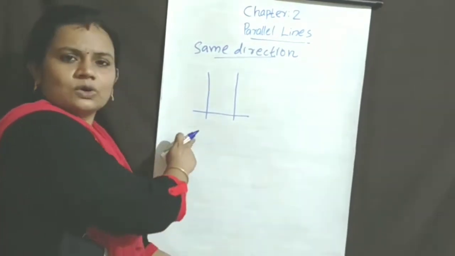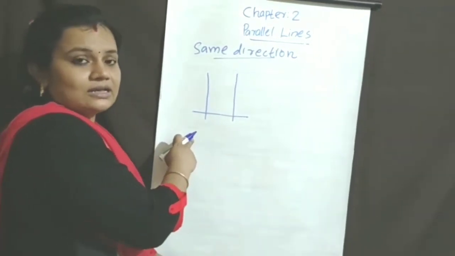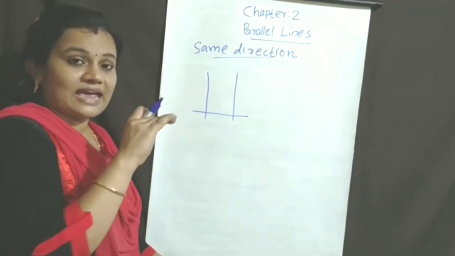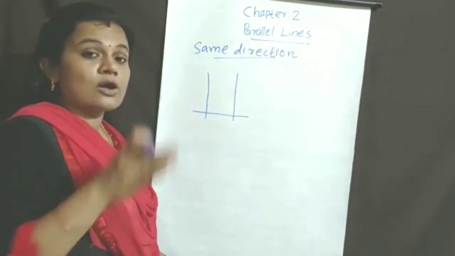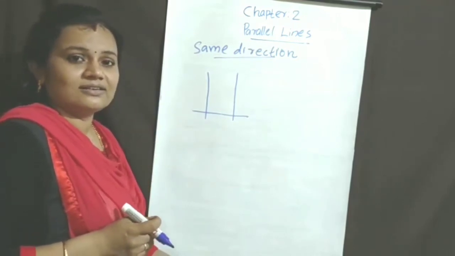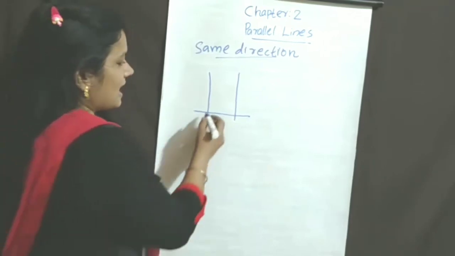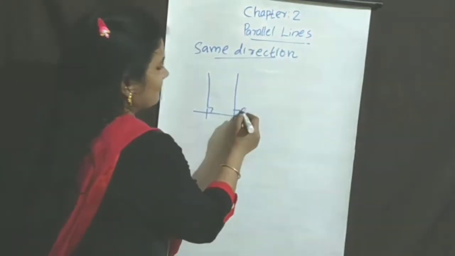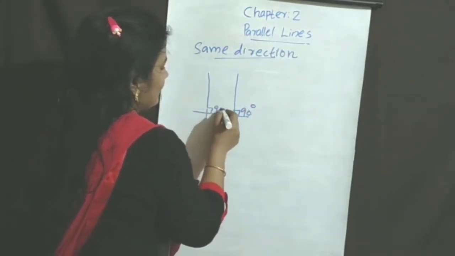Did you learn this word perpendicular in the first chapter, on angles? The baseline meets a perpendicular line, forming an angle. Do you remember what this angle measurement is? 90 degrees.